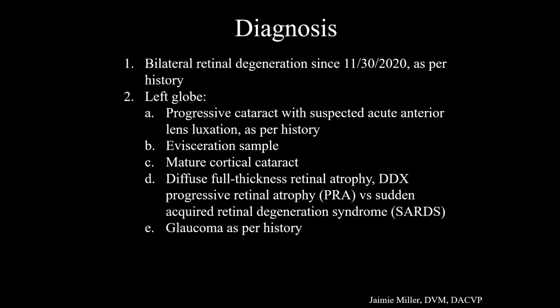And we leave that to the clinician to work in the clinical presentation to make that assessment. What was the breed? A Pomeranian poodle mix. So I think poodles are a good breed for PRA and cataracts in general.